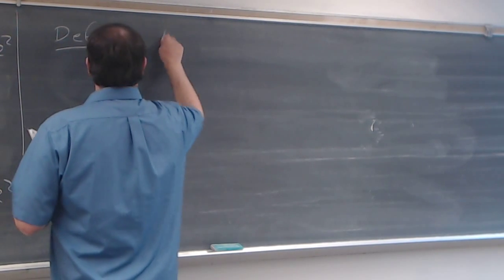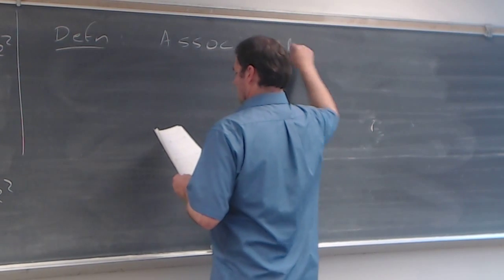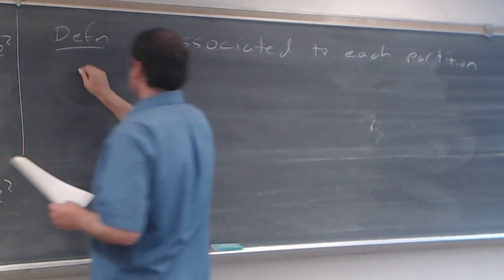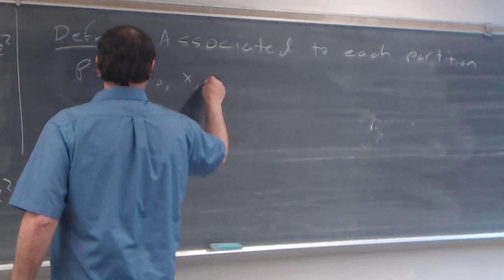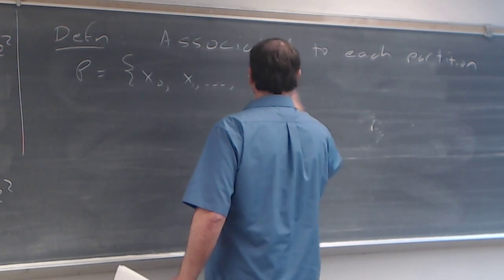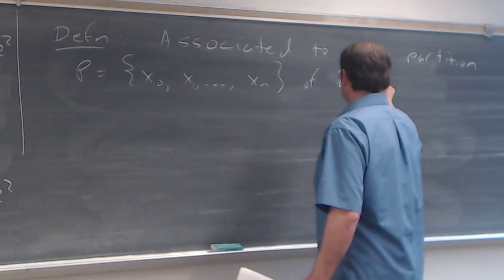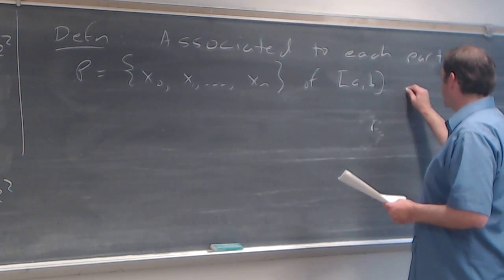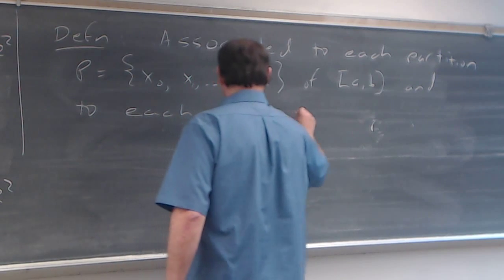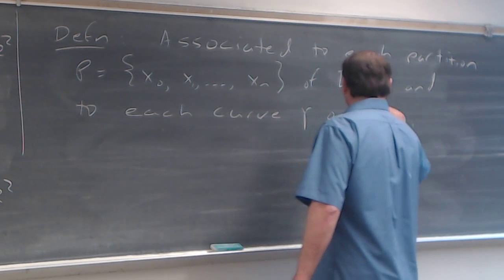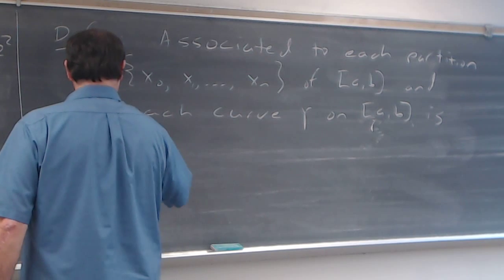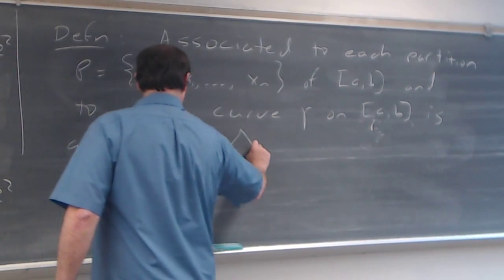Okay. Here's a definition. Associated to each partition, let's call it script P equal to x of 0, x of 1, all the way up to x of n, of A to B, and to each curve gamma on A to B is a number, which I'm calling capital lambda.